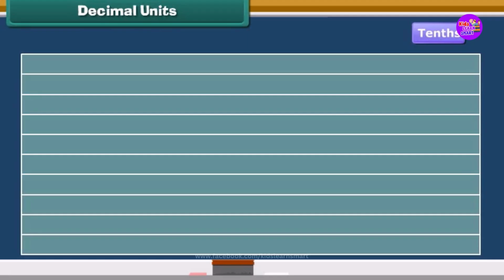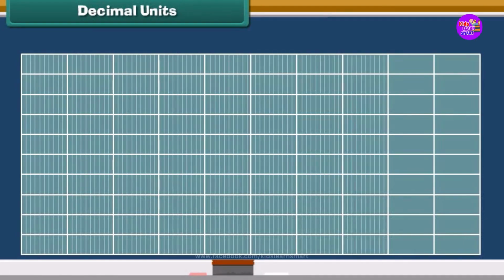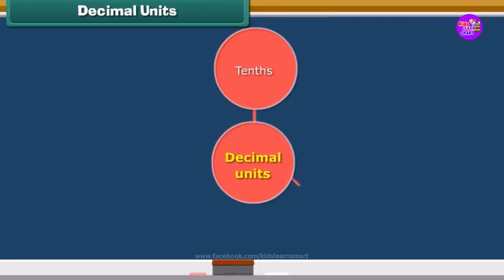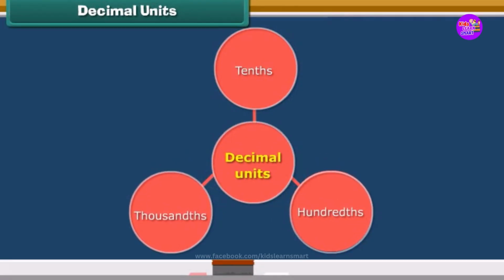Now, if we divide those rectangles into 10 smaller rectangles, then we have 10 times 10 or 100 parts of 1, that is hundredths. Dividing those rectangles into 10 smaller rectangles, we have 10 times hundredths or thousand parts of 1, that is thousandths. So, the fractions tenths, hundredths, thousandths are called decimal units.